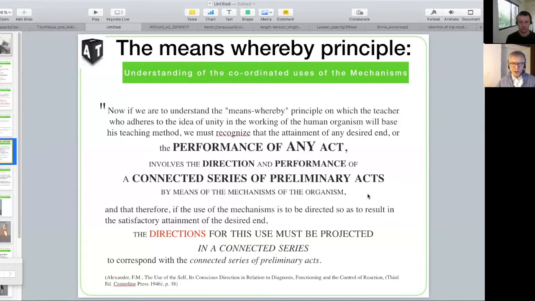So what we have here is a very strange sentence. What do we mean by that? And where is sensory appreciation involved in this? Well, sensory appreciation is involved in the direction of the connected series of preliminary acts.